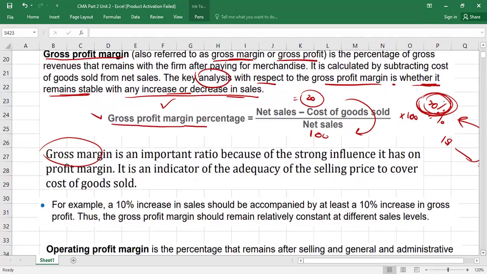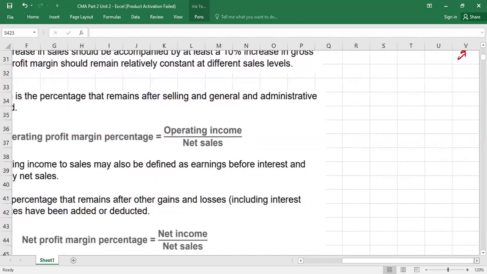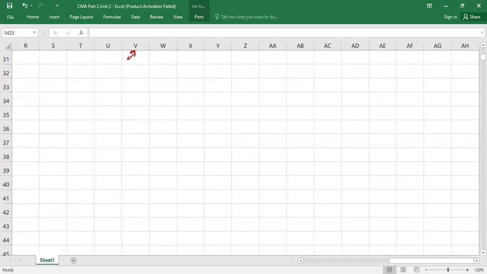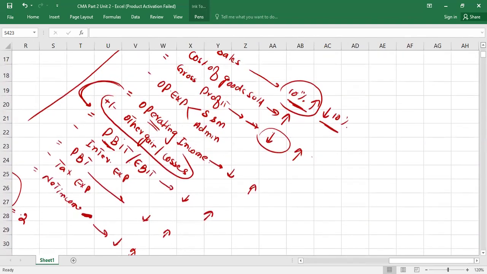So then guys, we have a second ratio, which is called what? Operating profit margin. Again, as I told you, it's a kind of vertical financial statement analysis, right? Please remember, operating profit is this value. If I show you the income statement format, usually this is our operating income.